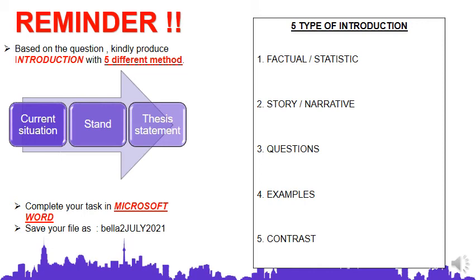So 5 different methods in creating current issues just now. Number 1 is factual, story, then question, examples, and contrast. Meaning to say, under the same topic, you need to create it in 5 ways. Remember, first one will be current issues, then stand and thesis statement.